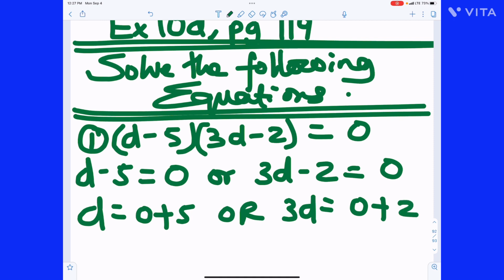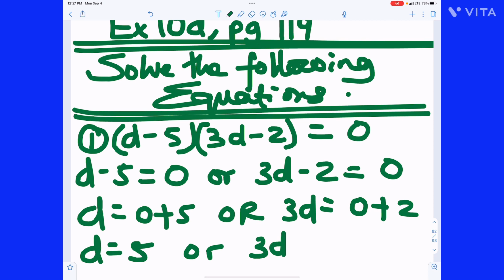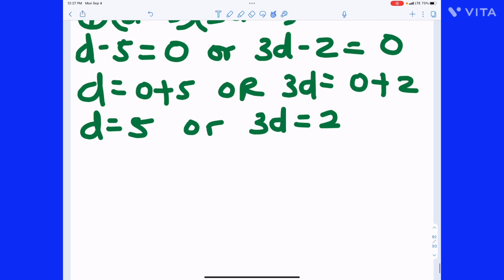Is this clear? D is 0 plus 5 or 3D is 0 plus 2. I'm to take this minus 2 to the right. When it crosses the equality sign, minus 2 will become plus 2. Is that clear? So D is 5 or 3D is 2. What am I supposed to do to get D in this part?